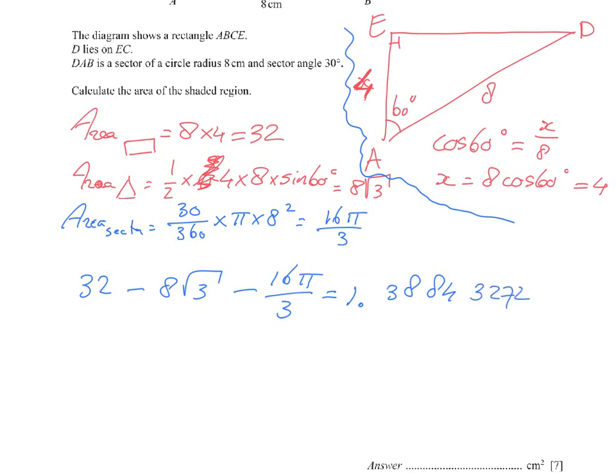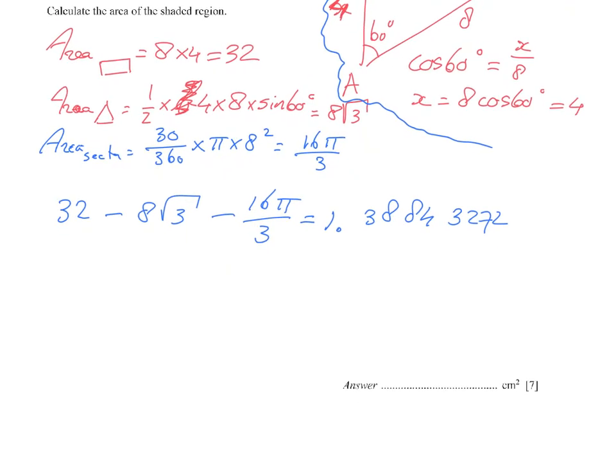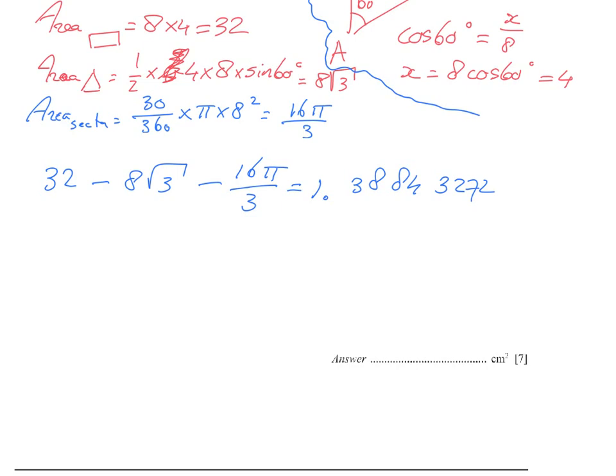So that to 3 significant figures will be 1, 2, 3. So the 8 goes to a 9, scrolling down. So 1.39 centimeters squared.